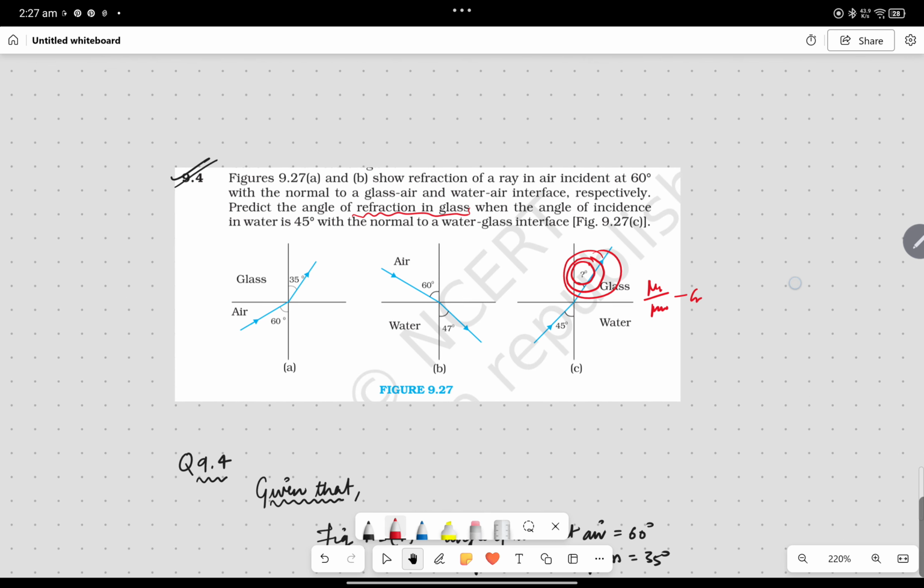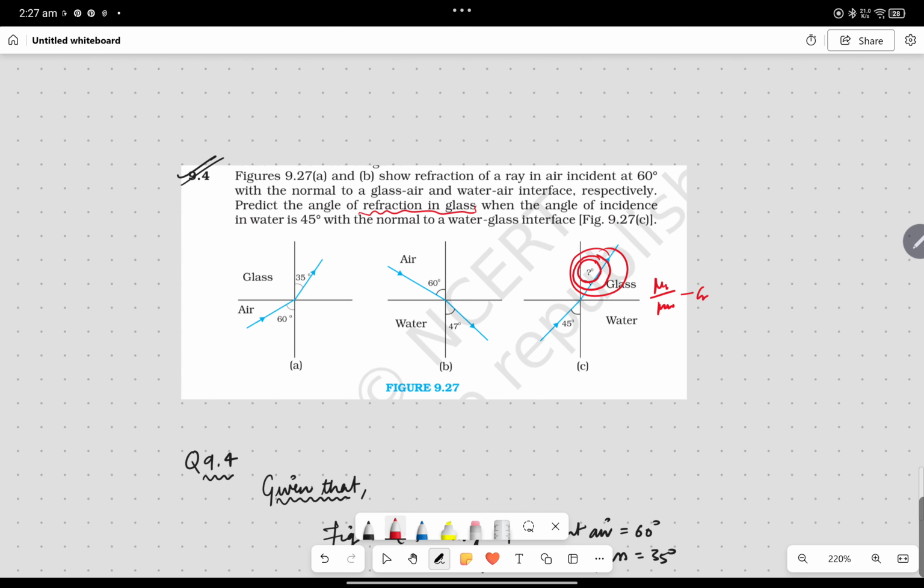So first of all, there are three systems given to us: glass and air, air and water, and then glass and water, right? The basic thing is we have to apply Snell's law over these systems again and again.